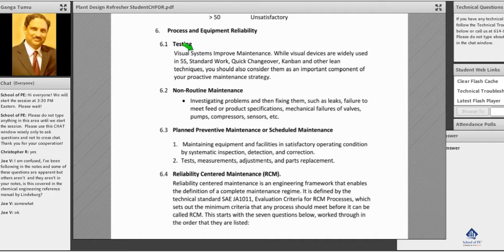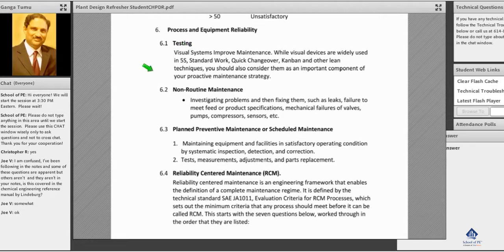So in order to test and maintain, there are many ways used in industry. It is called process 5S, and also standard work order, quick changeover, Kanban, and other lean techniques. All these are used to improve the quality of the testing, either of the product, the mechanical units, or other productivities.